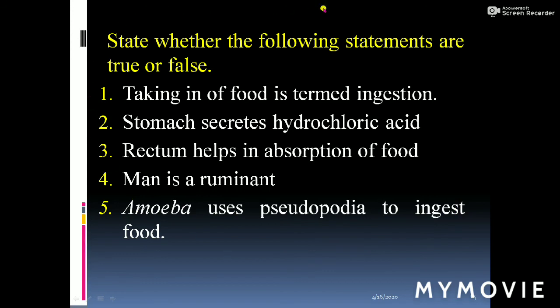So this is the homework, and the classwork is the explanation just discussed. You have to note down also the pictures of the body organs like pancreas and liver. You have to draw the pictures. That is the classwork. So now, thank you to all.